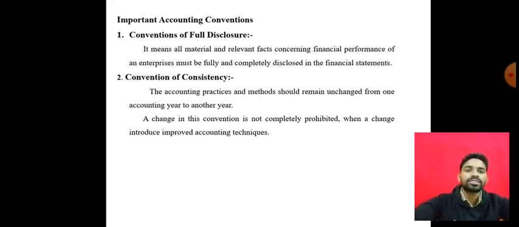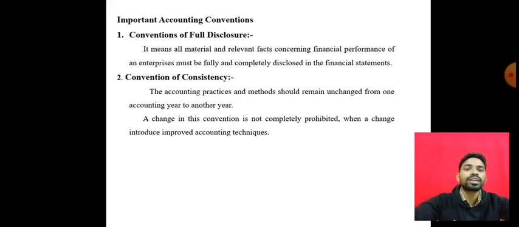While recording the transactions in the books of accounts, the accountant uses some principles, accounting standards, and depreciation methods, some rules and regulations. Suppose in this year he used certain methods, then the next year the same methods should be used.